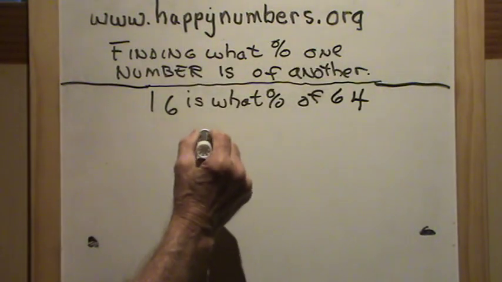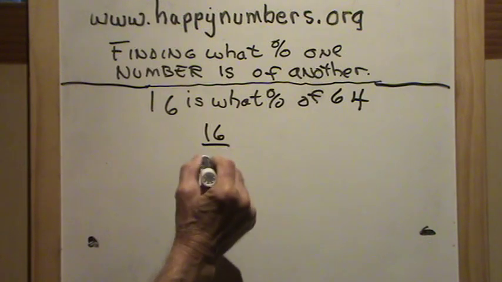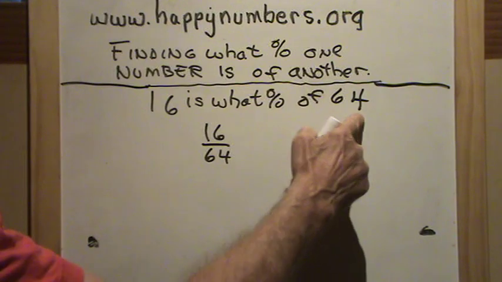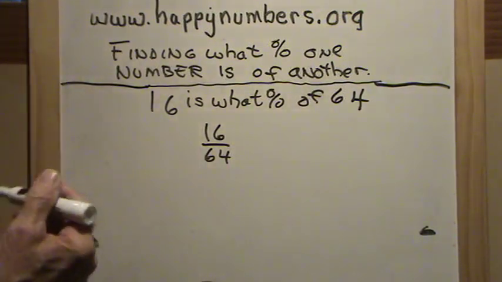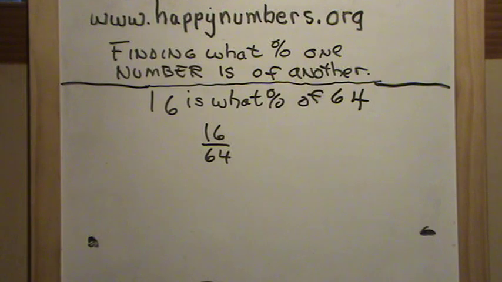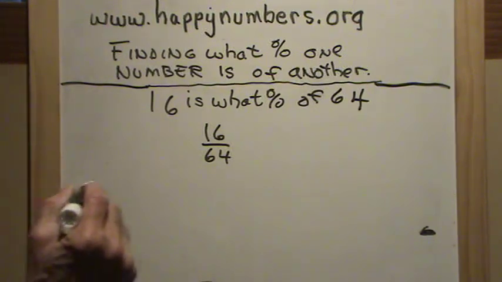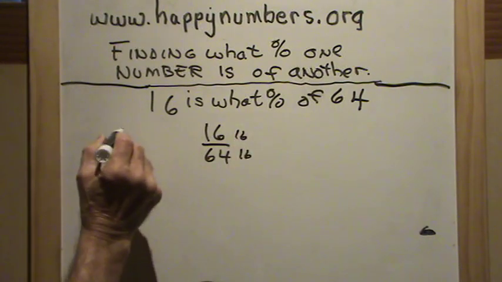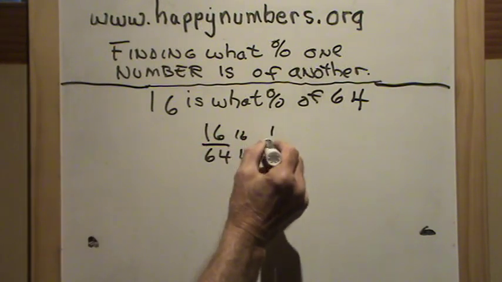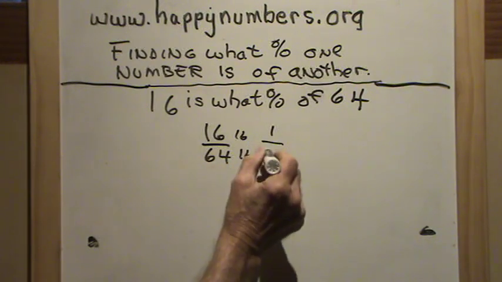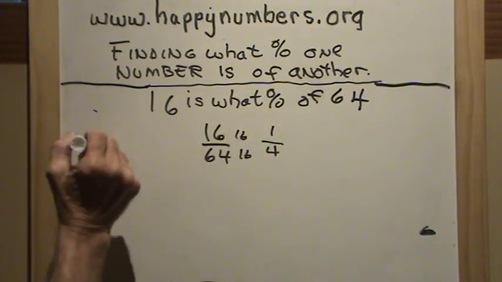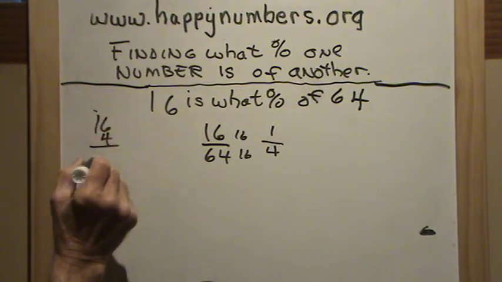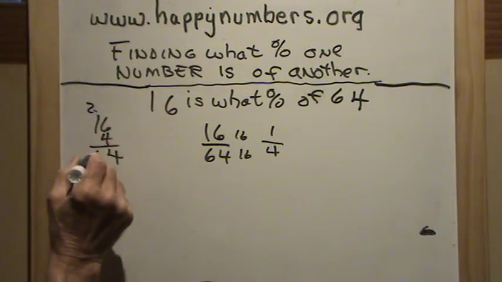Again, we simply change it into a fraction. The part is the numerator, the whole is the denominator, and then we reduce this to its lowest name. I think we can divide by 16 and divide by 16, because 16 goes into 16 one time, 16 goes into 64 four times, I believe. Let's see. 16 times 4, that would be 24, carry the 2, yes.